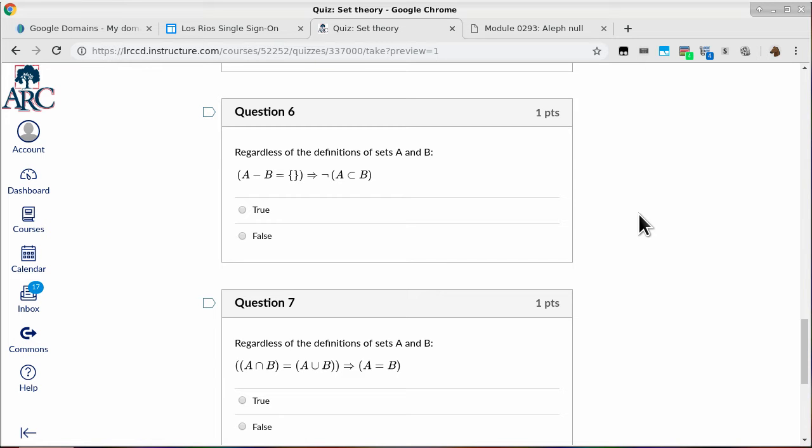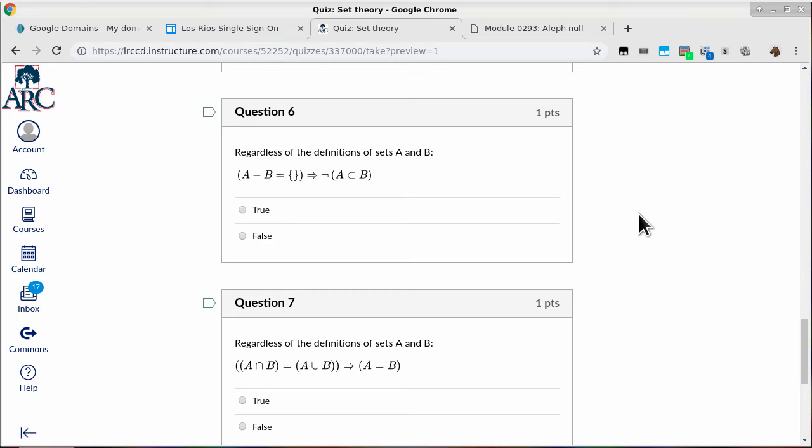You have to say, give me any set A, give me any set B, that is still true. So if you want to prove the implication is not holding, you have to give me a counterexample. Find me a case such that this implication is false. If you can find one single instance of A and B where the implication is false, then you can answer false for sure.